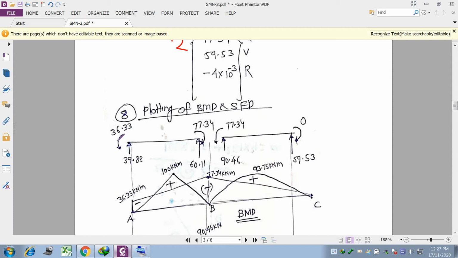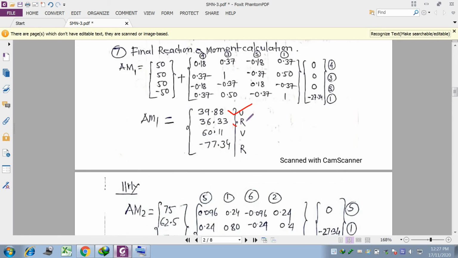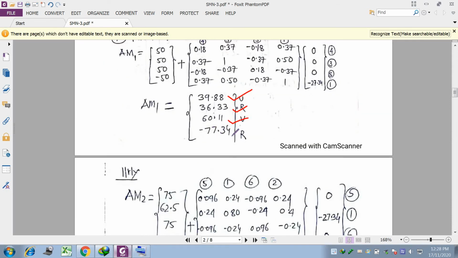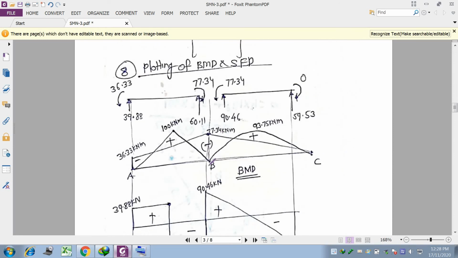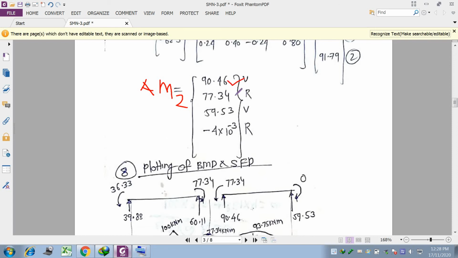Therefore, instead of writing minus, we give the sign convention as anti-clockwise. Then similarly, we use the second part, 60.11 as a reaction, then again 77.34. As 77.34 was a minus, we have to write it as clockwise, positive. Similarly, for AM2 we have to write vertical, then rotation, then vertical and rotation.